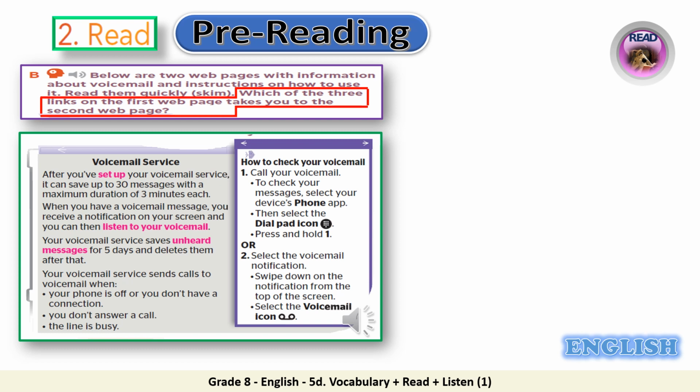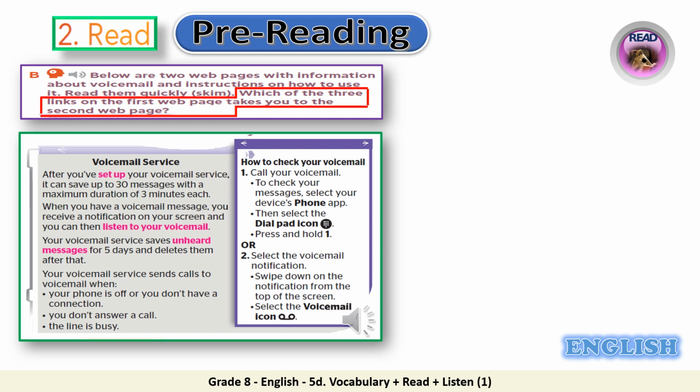2. Read. Voicemail service. After you've set up your voicemail service, it can save up to 30 messages with a maximum duration of 3 minutes each. When you have a voicemail message, you receive a notification on your screen, and you can then listen to your voicemail. Your voicemail service saves unheard messages for 5 days and deletes them after that.